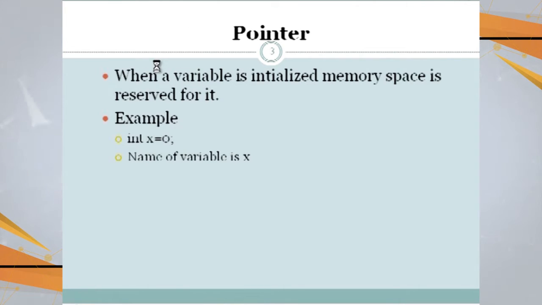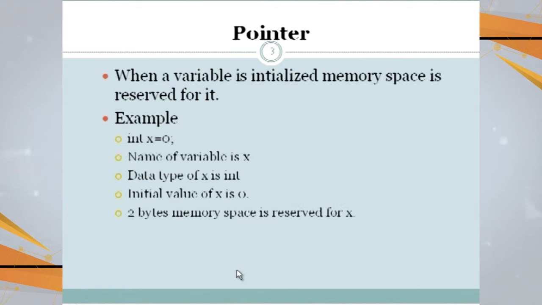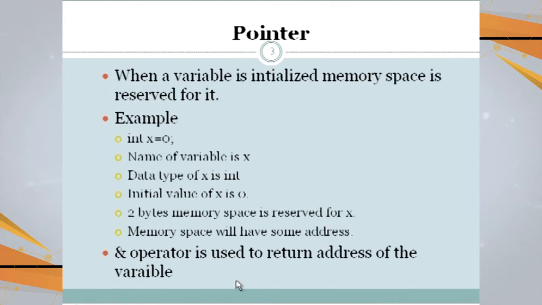In this statement, the name of the variable is x, the data type of x is int, and the initial value of x is 0. 2 bytes of memory space are reserved for x because the data type of x is int. The memory space will have some address. The ampersand symbol is used to return the address of the variable.